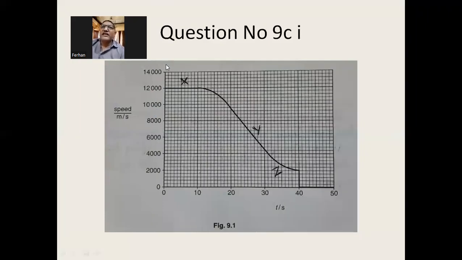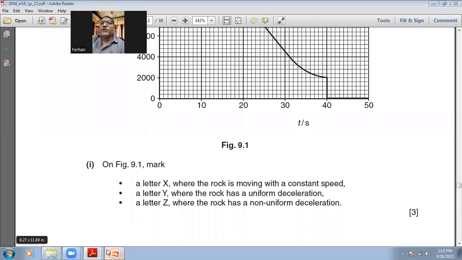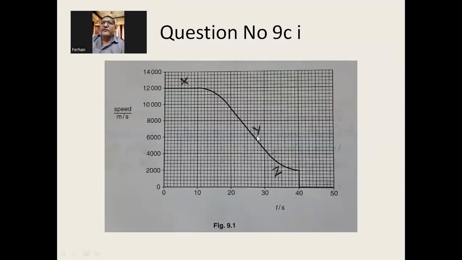Clearly you can see here the rock is moving with zero acceleration, with a constant speed. Let me check what their question was. Their question was where the rock is moving with a constant speed. Yeah, we are right. So here the rock is decelerating with constant deceleration, and here is non-uniform deceleration. So X, Y, and Z. Hopefully you understand.